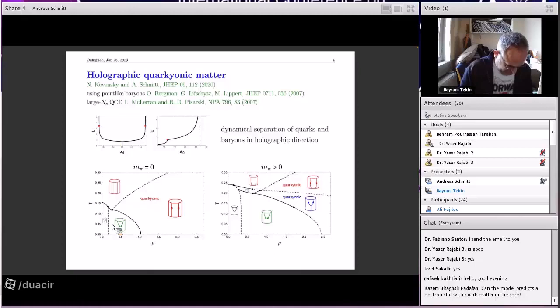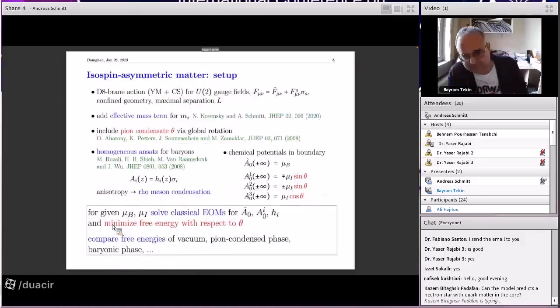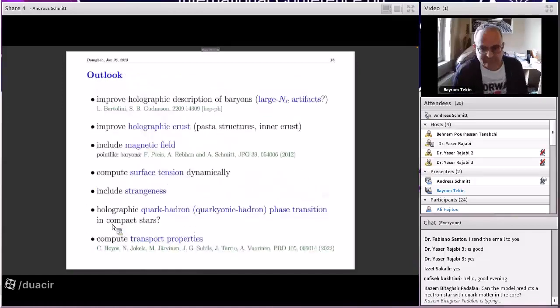That's different from other approaches like the V-QCD model, where they do see a transition in a neutron star, at least potentially. So one would have to work a bit harder with this model in order to see this transition. But obviously, this would be an interesting thing to do in the future. I think I put it as one item here in the list. The second from the bottom is exactly that question.